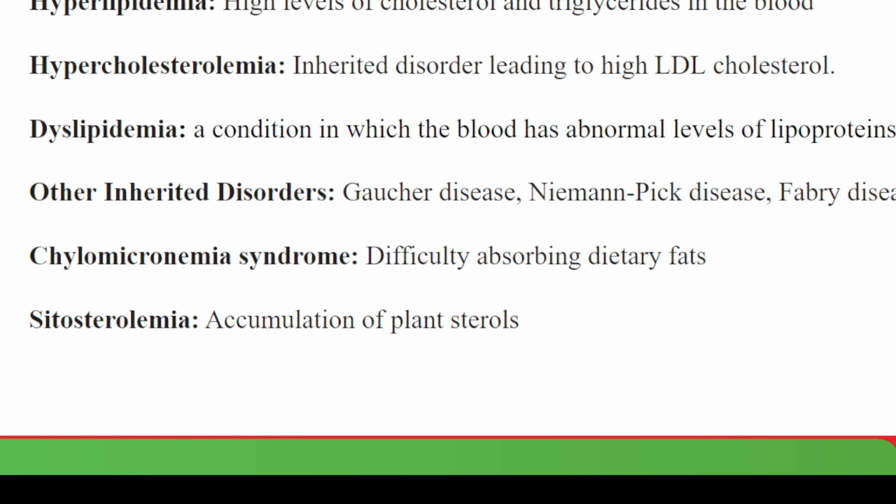How are you then going to use it in your body, since it's not going to be utilized efficiently? We have sitosterolemia, which is the accumulation of plant sterols. In one of these lectures, we'll look at the plant sources of lipids or sterols.